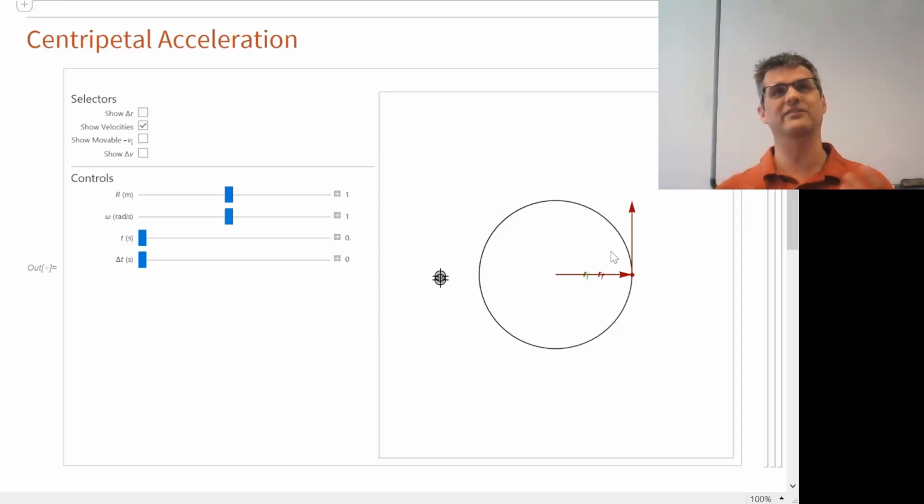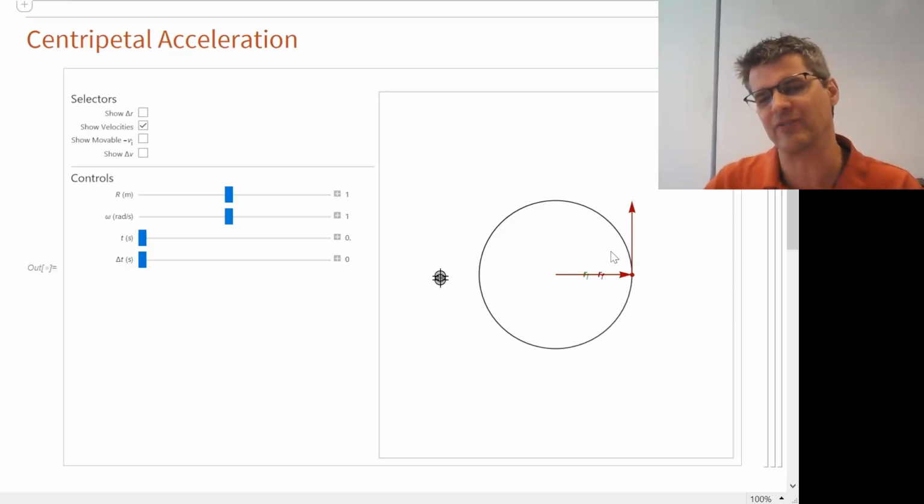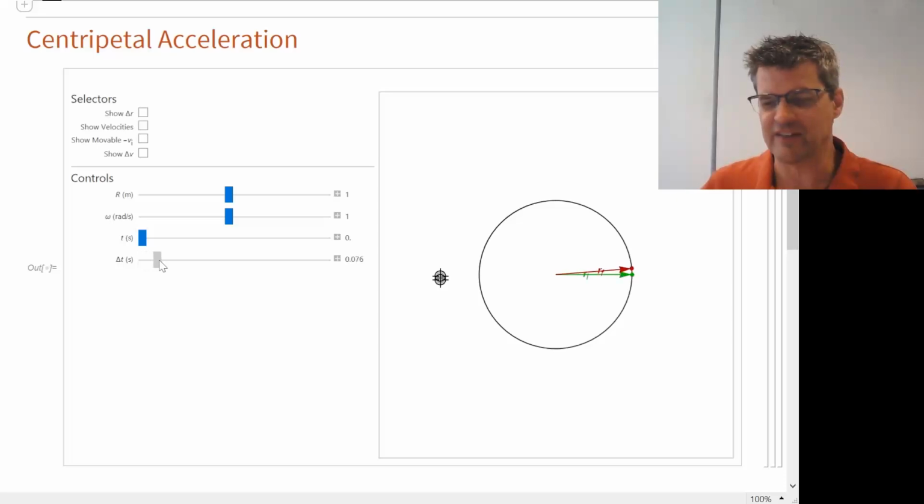So what kind of acceleration do we have? Well, to look at acceleration, we need to see how the velocity changes over some change in time. So what I've coded in is the fact that I could look at some change in time. An initial position and a final position can be different from each other. They're separated by some delta t.